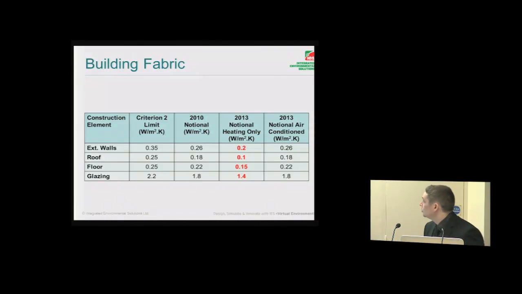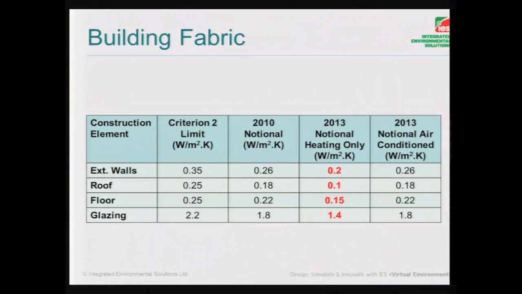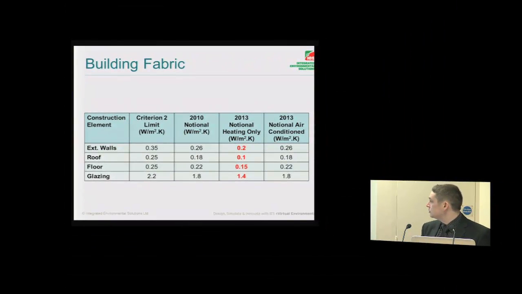Okay. So, in the notional building for 2013, you can see I've highlighted in red any elements that have changed from 2010. So, a lot of the U values are now really quite low. And again, we'd probably be looking to try and match those within our design. The two that stand out, well, all of them stand out quite a bit. I think probably in particular, roof U values of 0.1 watts per metre squared Kelvin, and glazing dropping to 1.4 watts per metre squared Kelvin.